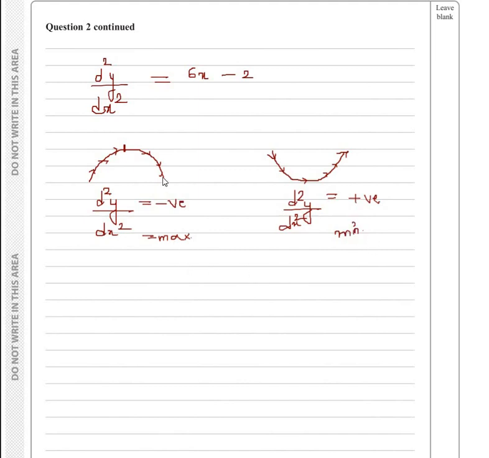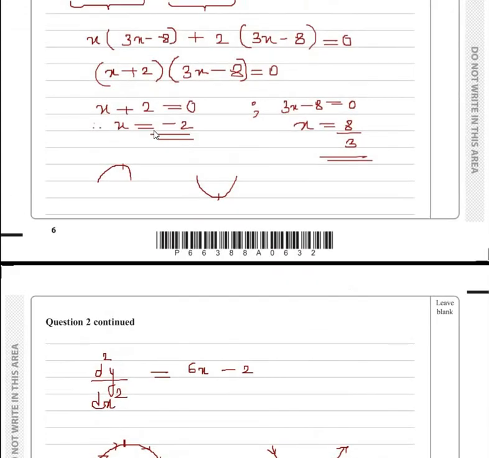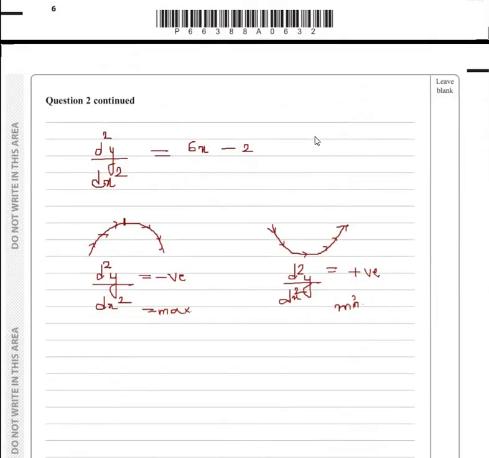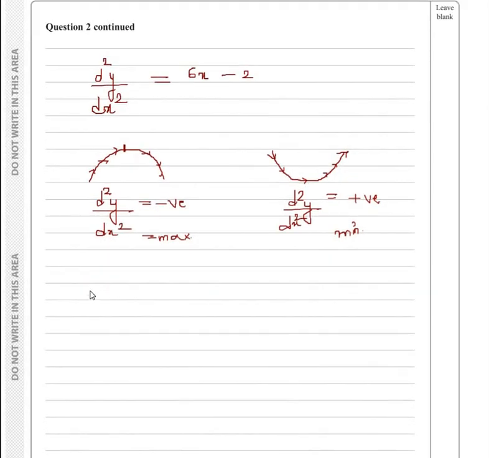So let us see which one out of the two stationary points is maximum and which is minimum. Let us substitute first x equal to negative 2 in d square y by dx square. So d square y by dx square is equal to 6 times negative 2 minus 2.